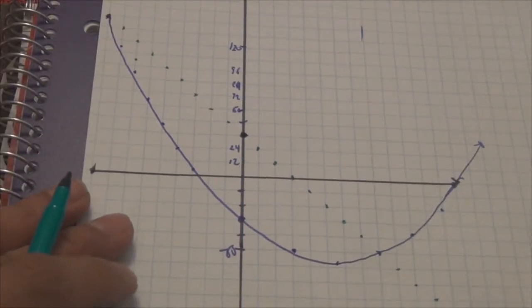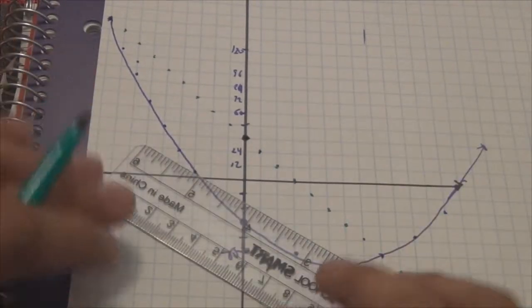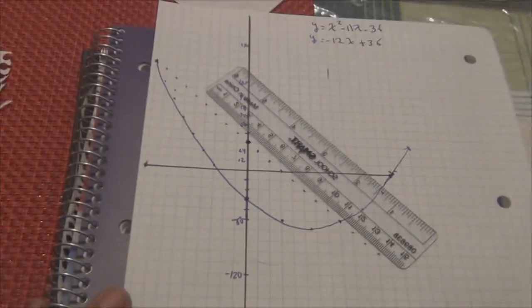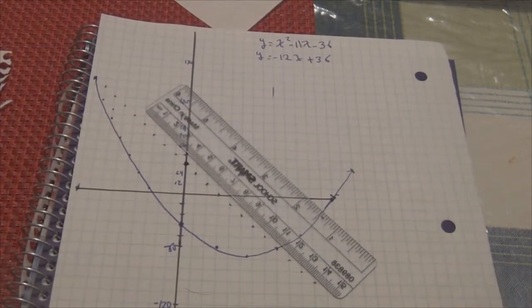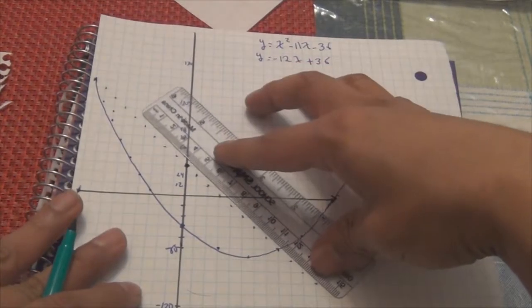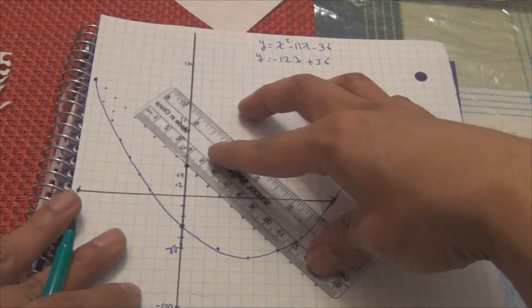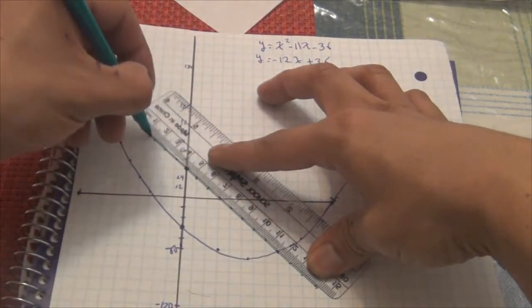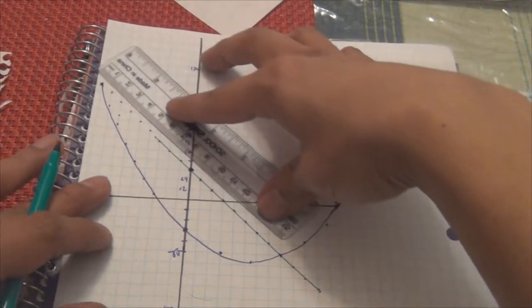Let me make it a little smaller. We are going to graph this line. I don't know how it's going to be, but we did a great job right here. All right, so it's gonna be right here. I'm gonna graph the first part, and the second part.